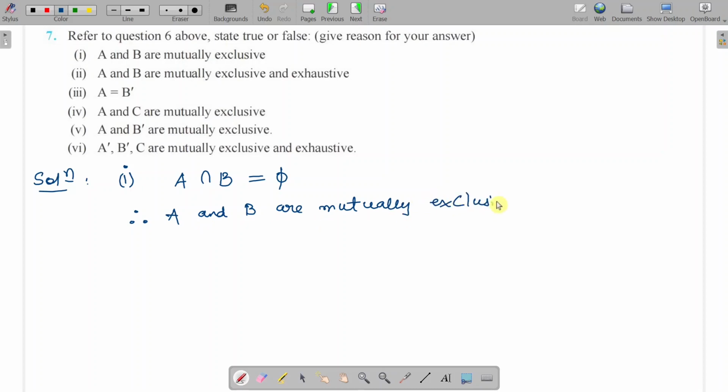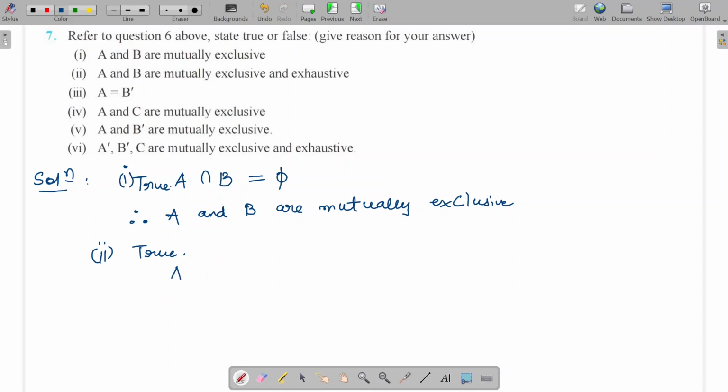So this is nothing but true. Okay, let us write it properly here. So true, this is the reason. Now second one, A and B are mutually exclusive and exhaustive. So answer is true. Why?